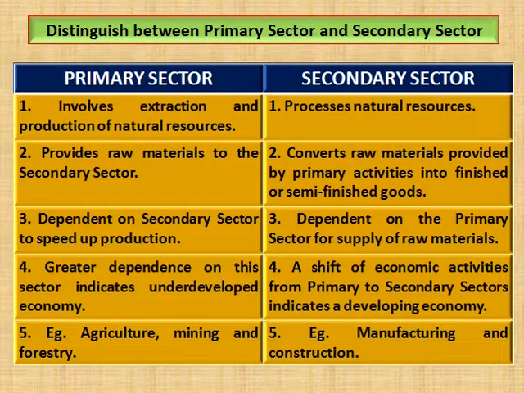In the secondary sector, a shift of economic activities from primary to secondary sectors indicates a developing economy. Some examples of the primary sector: agriculture, mining and forestry, whereas for the secondary sector, for example, manufacturing and construction.